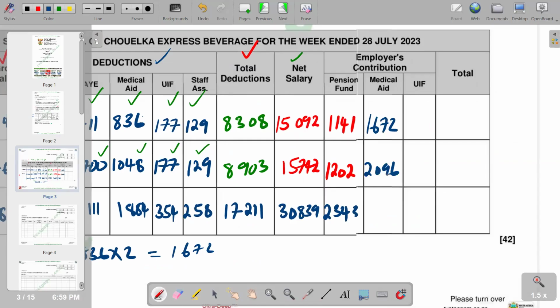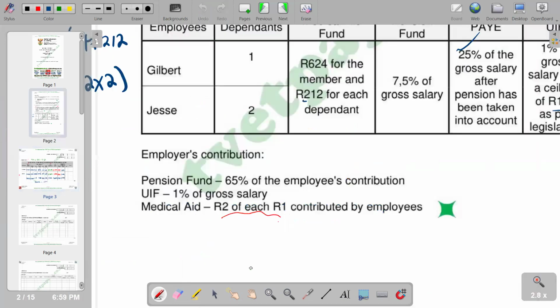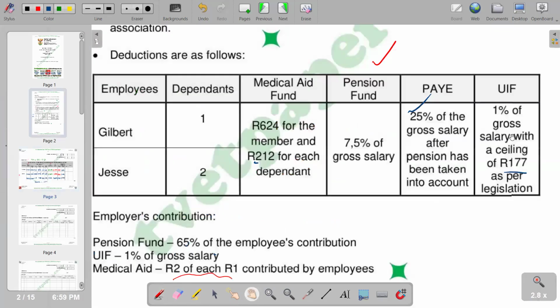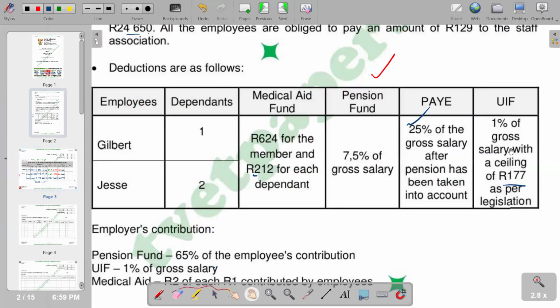Then we add to get the total. For the column for medical aid, we're going to get 3,768. Then UIF again, we check the instruction. They are saying 1% of gross salary, which is the same as what we have on the employee, also 1% of gross salary. It also has an additional ceiling of 177, which is also going to apply to the employer.